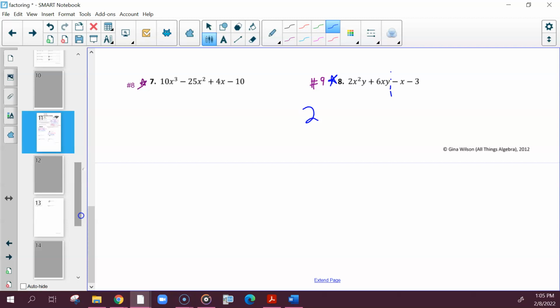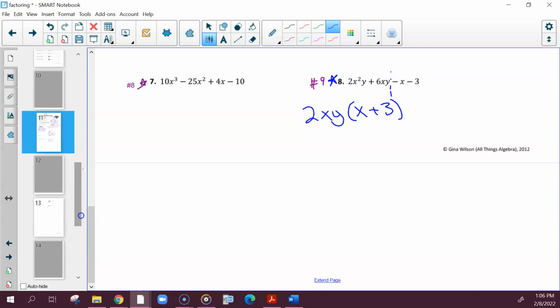Everyone can join in. 2, yes. 1x, yes, and 1y, yes. So if we divide both of those by 2xy, what's left? 1x, 1, and positive 3.